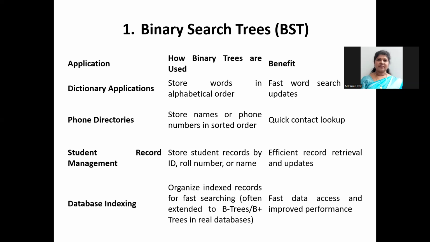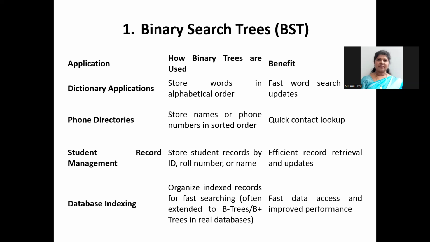If it is C, D, or E, then you know that E comes after D, so you will be going and searching after D. This is how we keep on going and searching in the ordered way. Since it is in alphabetical order, it gives fast word searching, and even if you want to insert any words, easy insertion will be there, since it maintains the alphabetical order.